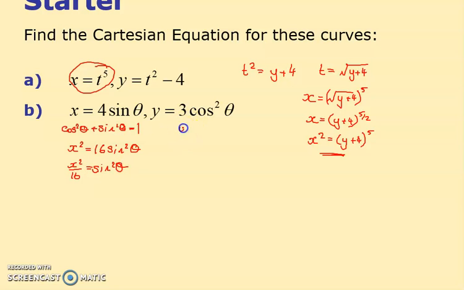And on this one, presumably y over 3 is cos squared. And now I can just go back to my identity, which I know is true. Cos squared is y over 3 plus x squared over 16 is equal to 1. This is actually some weird shape, I'm sure. But this is, I think, the right answer.